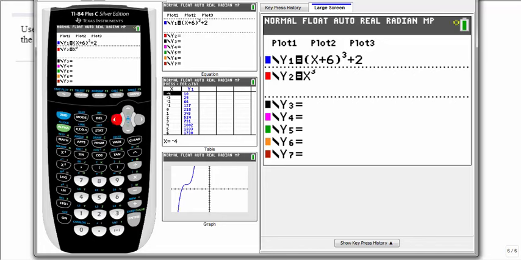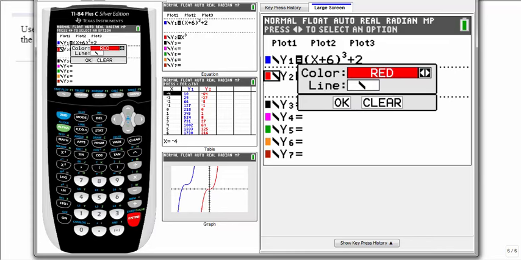Now if you notice over here, if I go clear to the left, I can change the colors of these graphs. So you see how this is flashing? This graph will be blue, this one will be red. You can also change whether they're dotted or different shapes there. I'm going to change our line to dotted, just to do something a little bit different.